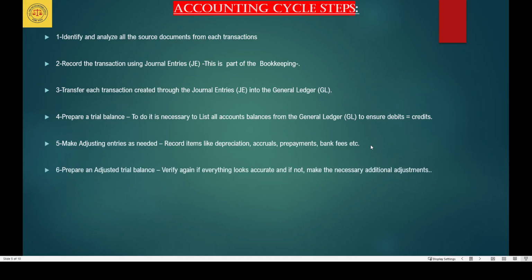After you do the adjustments, you now have the adjusted trial balance. In the adjusted trial balance, you have to verify again if something is missing or not. If something is still missing, you have to go back and make a journal entry.